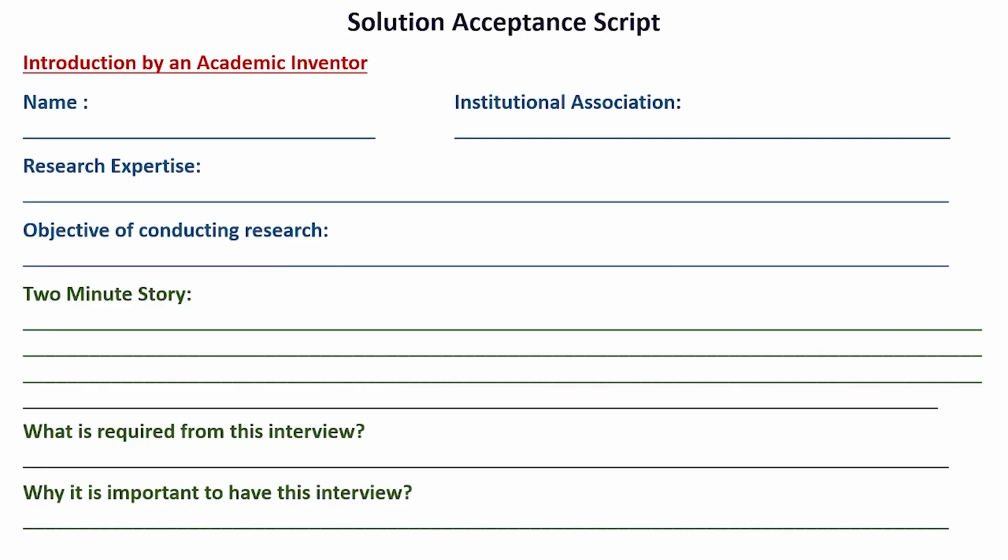So when you tell this 2-minute story to them, they will start thinking that yes, we are using these kinds of solutions, but still of course they need to be further polished. It is then followed up by what is required for this interview, that of course you will tell them, and why it is important to have this interview.